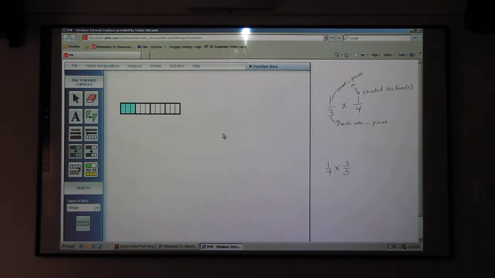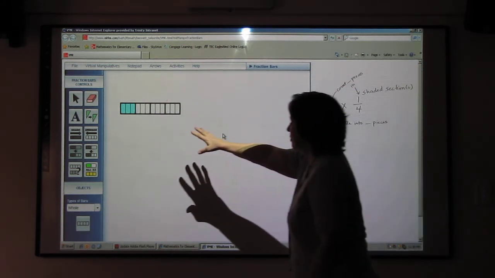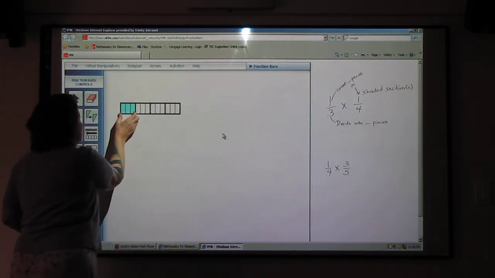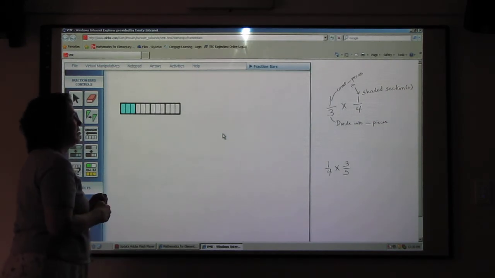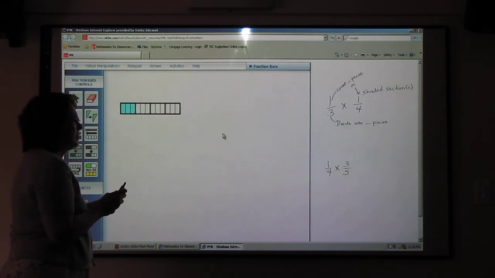I was lying a minute ago. We didn't have it divided into 3 sections. So now we have it divided into 3 sections. So we took the 1/4, we shaded 1/4 of it, then each of these sections is divided into 3 sections. Right?